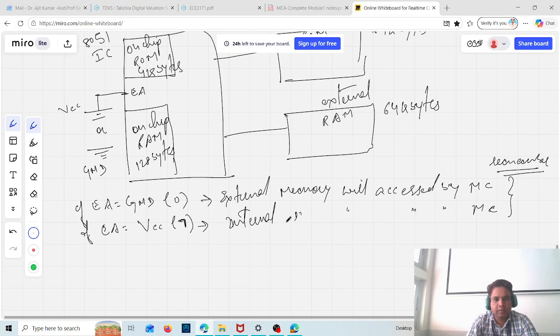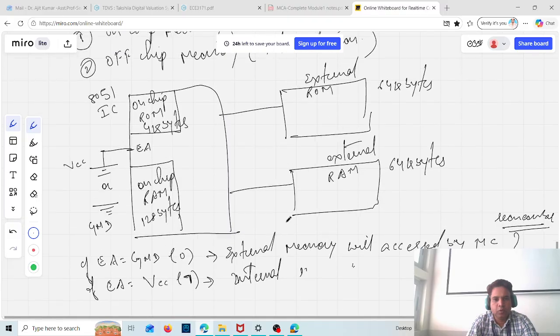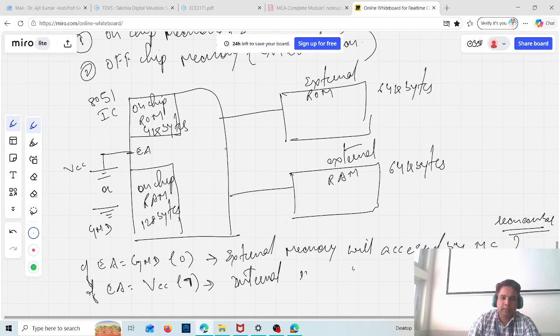Then there is something more that you have to understand. In this, we have the read pin and write pin. Now you know that these pins are used to read or write data from the memory or into the memory.